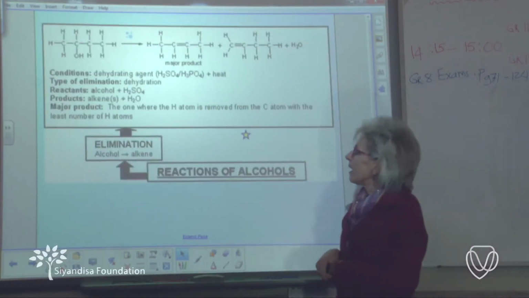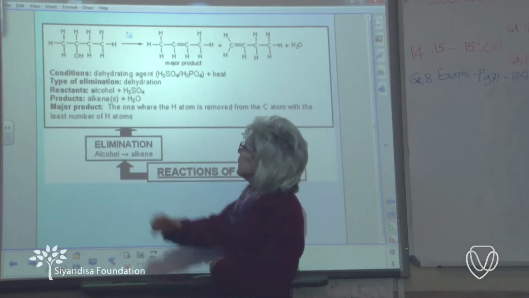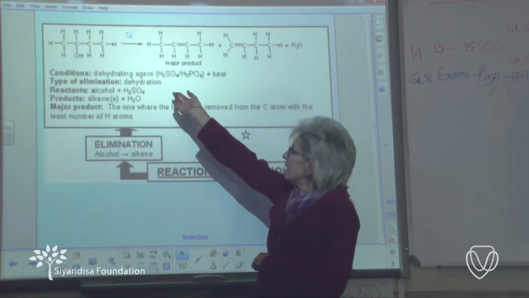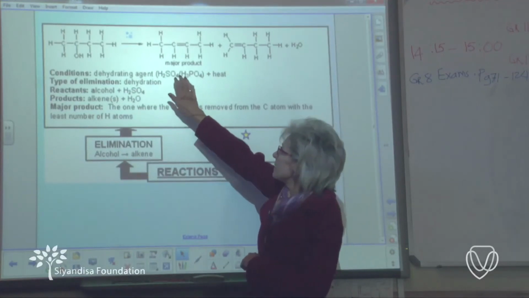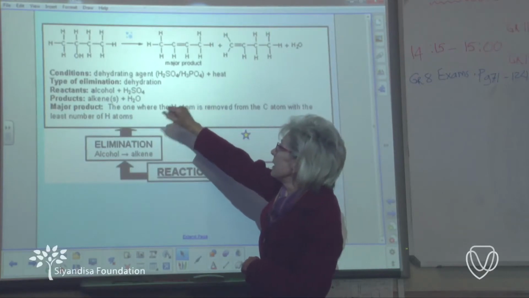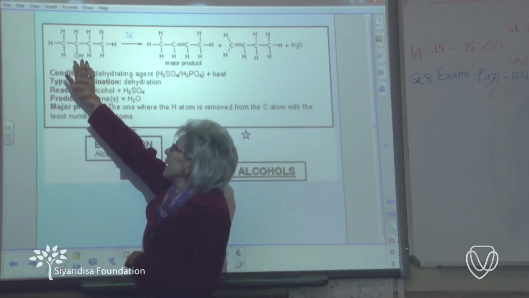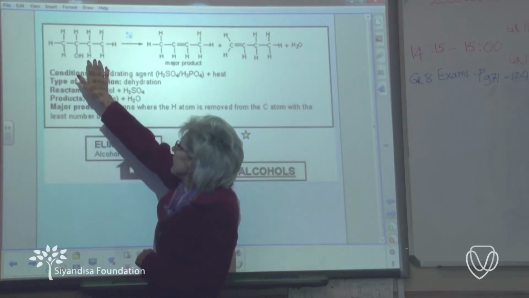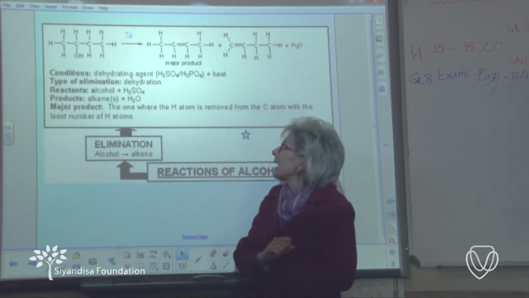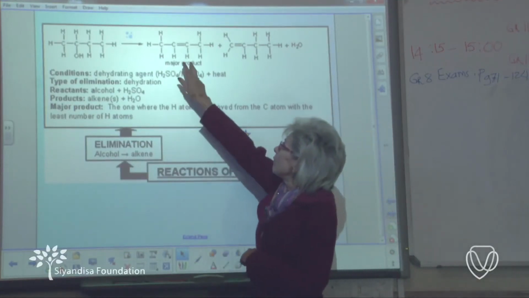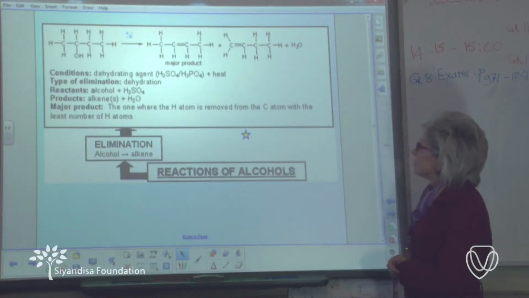The reaction of the alcohols, again, if we use a dehydrating agent, and you should know from the formation of the esters that sulfuric acid is a dehydrating agent. So we are removing water, which means you're going to remove OH, the hydroxyl. And now the question is, is it that H or that H that goes with it? And it is the hydrogen on the least substituted carbon, so the double bond forms between carbon 2 and 3.